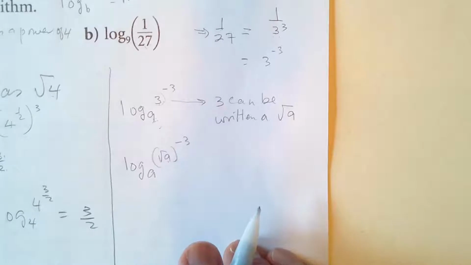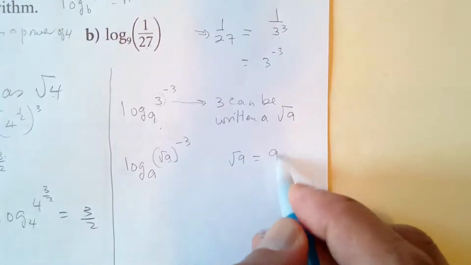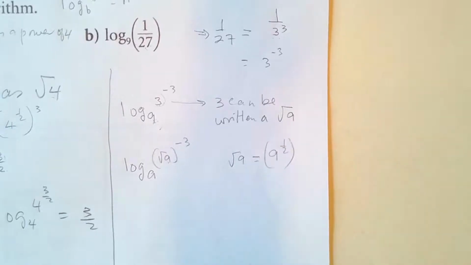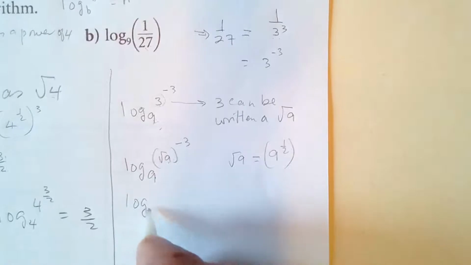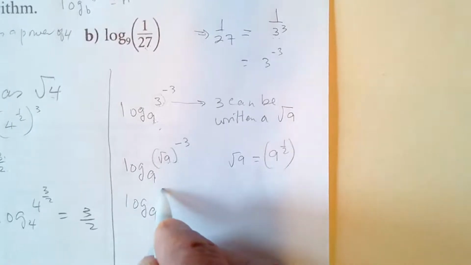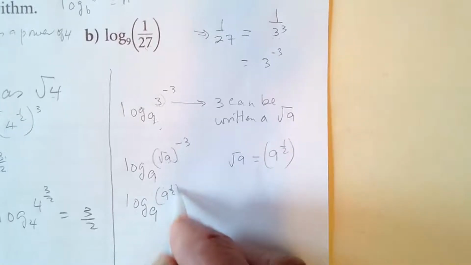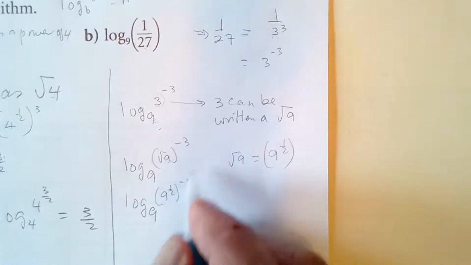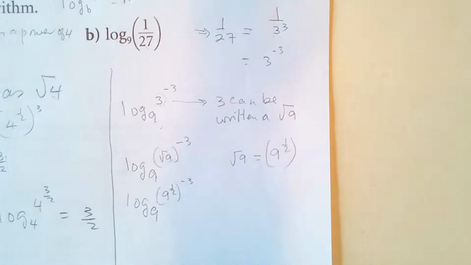Now, the square root of 9 is the same as 9 to the half. So now I'm going to replace this. So we have log base 9 of 9 to the half, all to the negative 3. Remember, we're using our rules, in this case the fractional exponent rule.